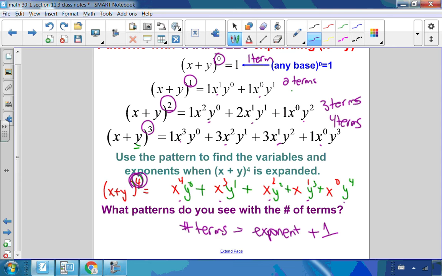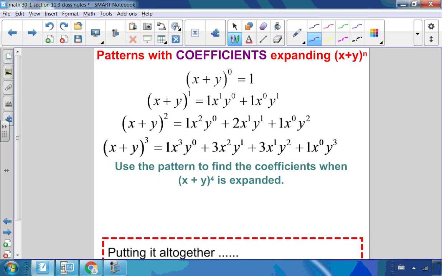Let's now look at patterns that I see with the coefficients. Okay, so now I'm going to be looking at the numbers and then I'm going to put it together. So looking at the coefficients, I have a 1 and then a 1 and a 1, a 1 and a 1, a 1 and a 1.